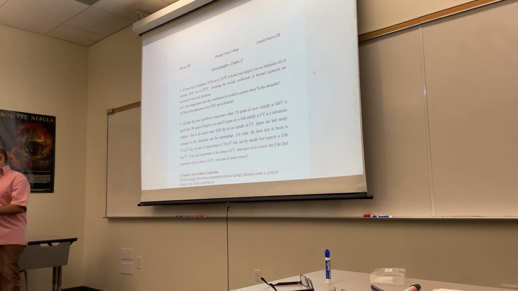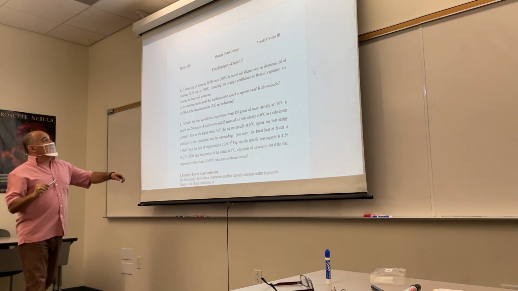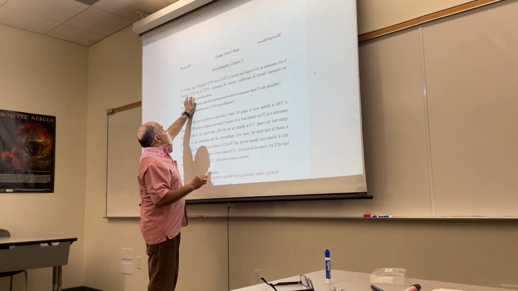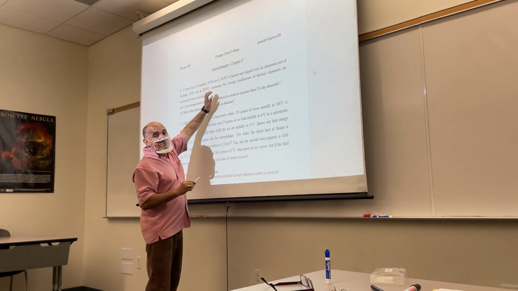I want to slip this ring, made of a different material, brass, over the aluminum rod. The problem is that the rod is thicker than the ring.